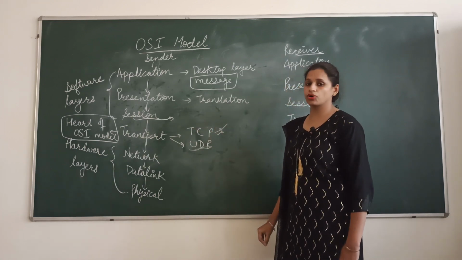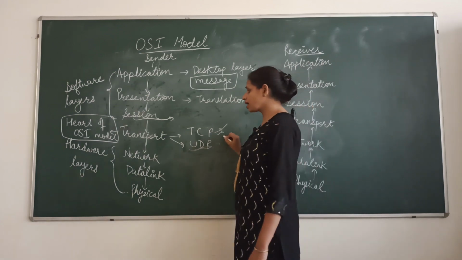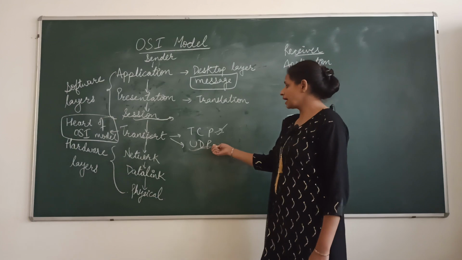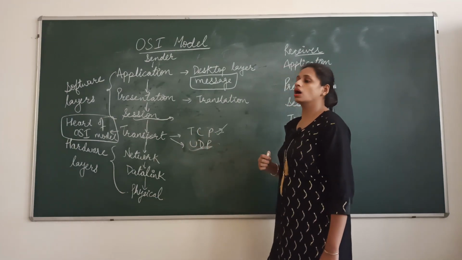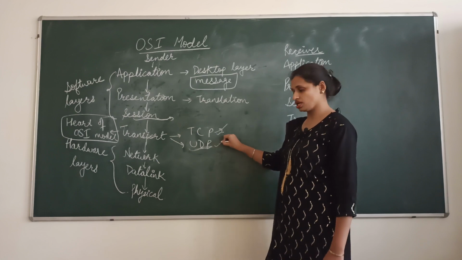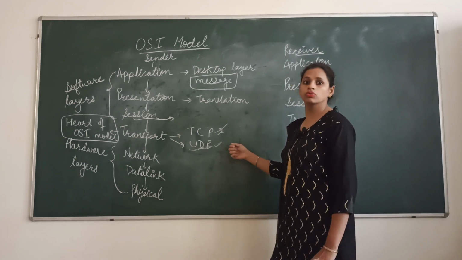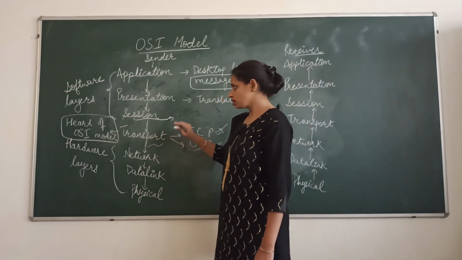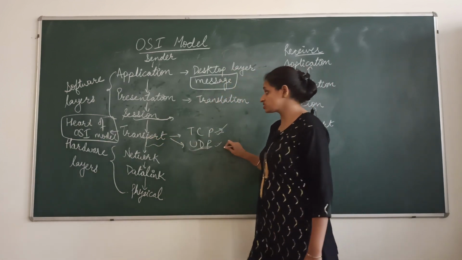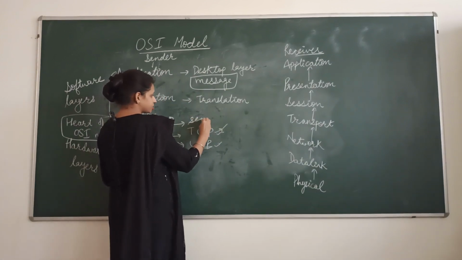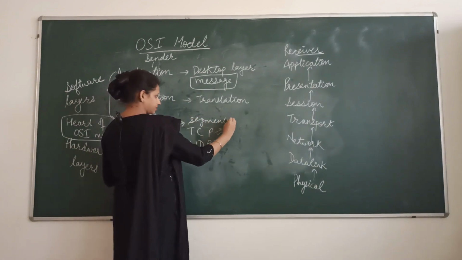UDP, User Datagram Protocol. User Datagram Protocol is unreliable protocol, means it doesn't ensure you about the proper complete delivery of message. It doesn't verify through acknowledgements. And in transport layer, your message is divided into segments.